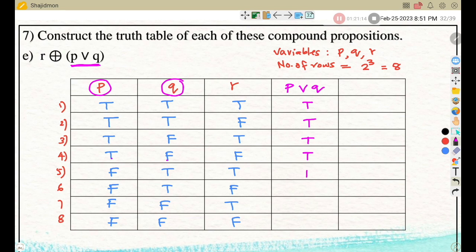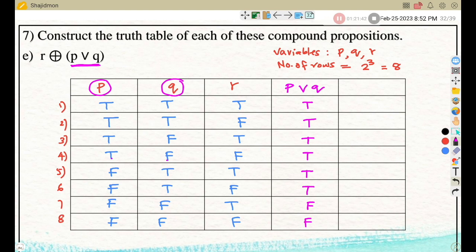False or true, that is also true. Then again, false or true, that is true. Then false or false, it becomes false. Then false or false, it becomes false. P or Q, correct?